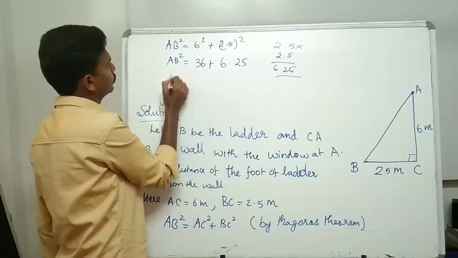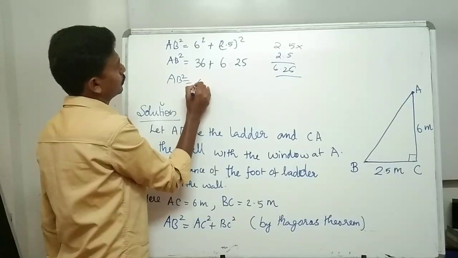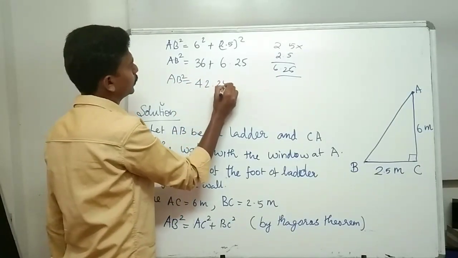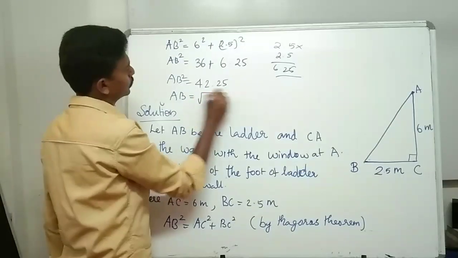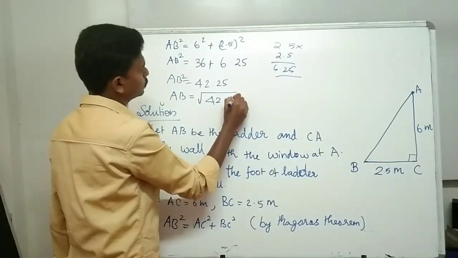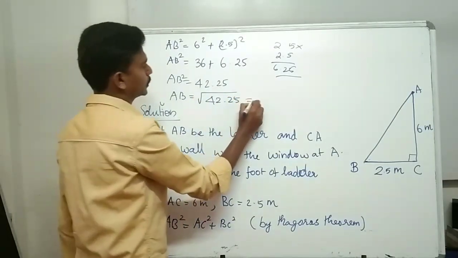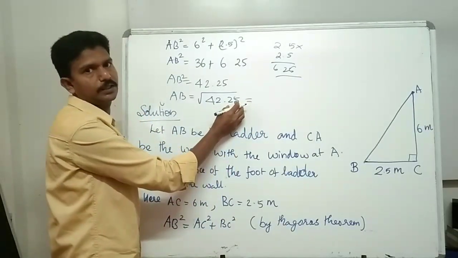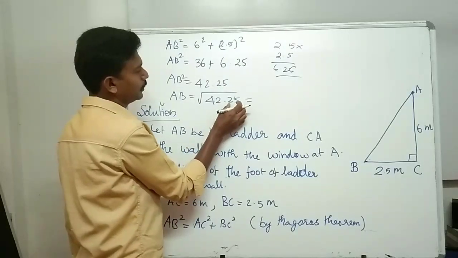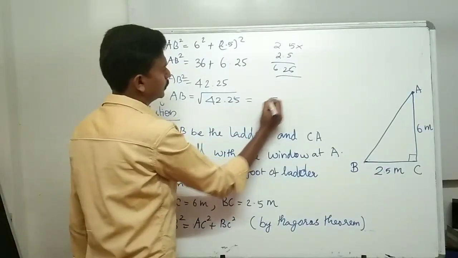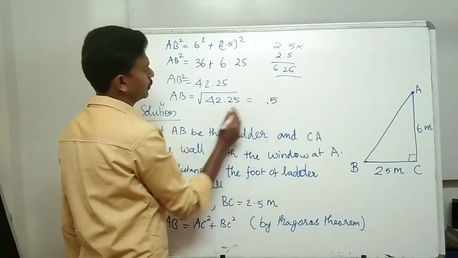When you add these two, we get AB square as 42.25. So AB is equal to the square root of 42.25. Since this number ends with 25, we can take two numbers: in the root of 25, 5, and we place a decimal point there.